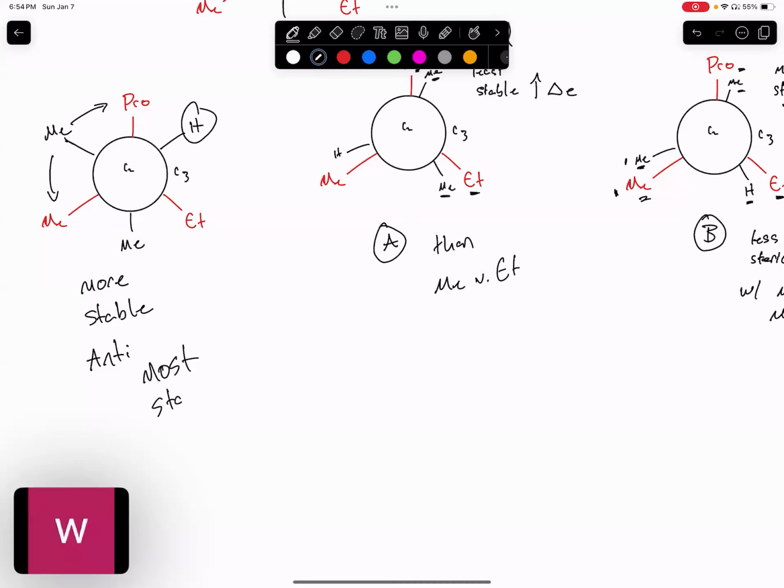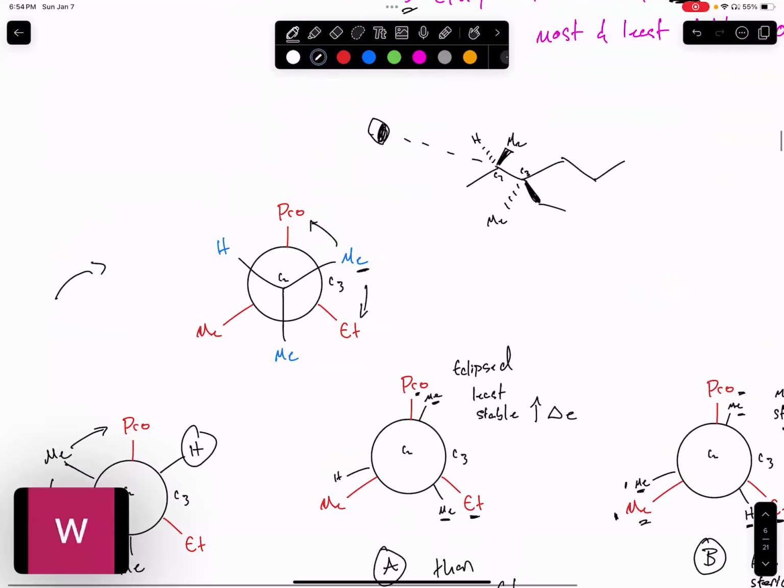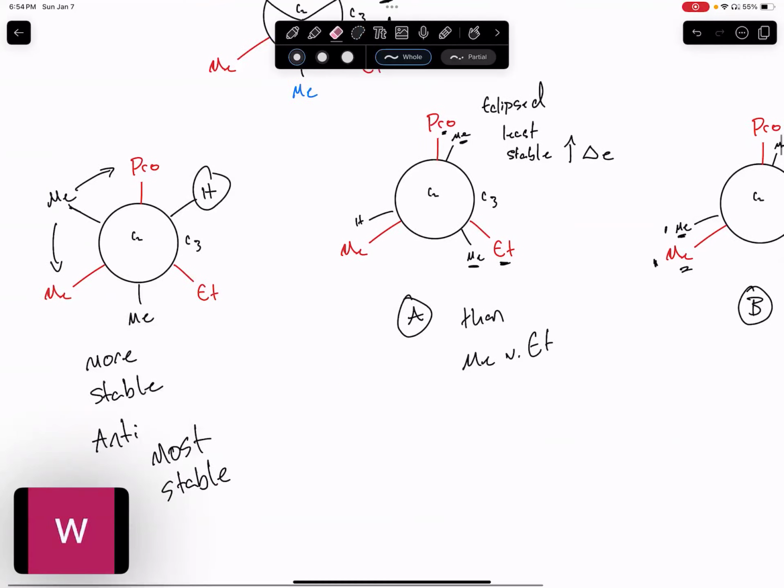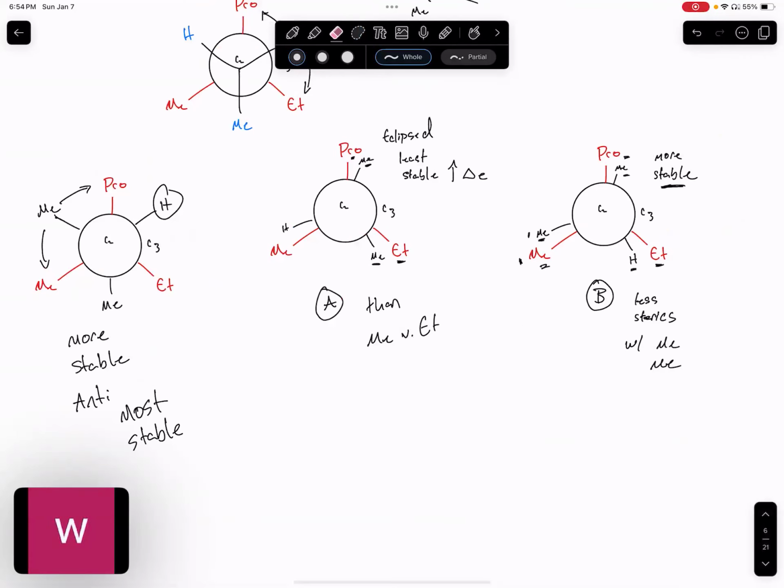I'm sorry, but why is it more stable than the parent? Because if we compare these two structures, let me put them side by side. Erase this. I'm going to put this side by side.